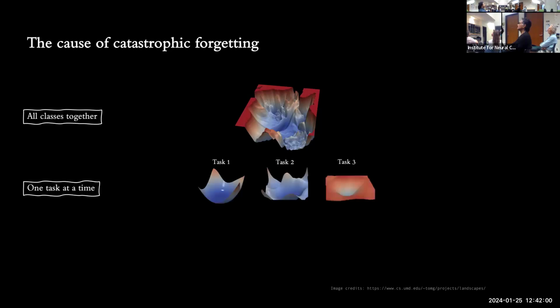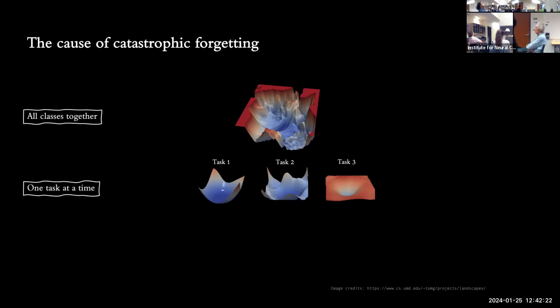However, if I do this one task at a time, I will end up with a sequence of simpler loss functions. But by the time I converge to the global minimum in task 3, there's no guarantee where I will be with regard to the loss function of task 1. So that's why when I'm done with task 3 and go back to task 1, I might get a very bad classification performance.